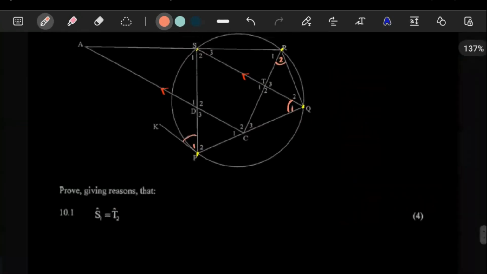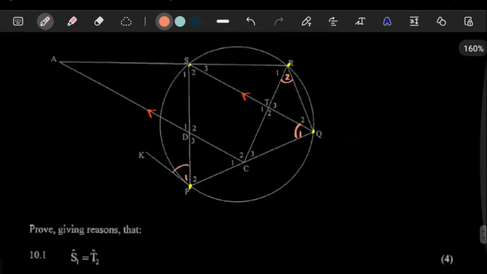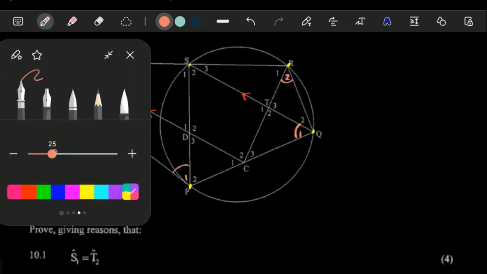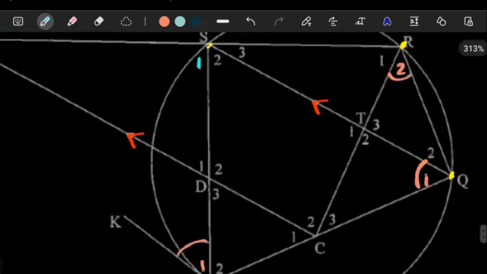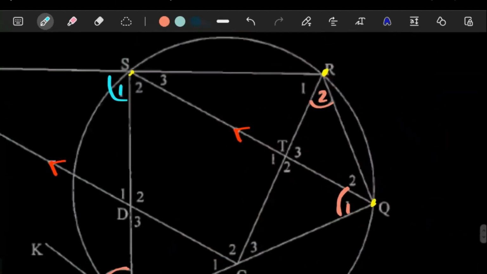So it seems like there's a lot going on here. They say we should prove that S1 is equal to T2. Before even looking at the sketch, anytime you need to prove that two angles are equal to each other, focus on each of them individually, finding easy things that they are each equal to. Let's see S1 and T2. There's S1 here, and there is T2 here.